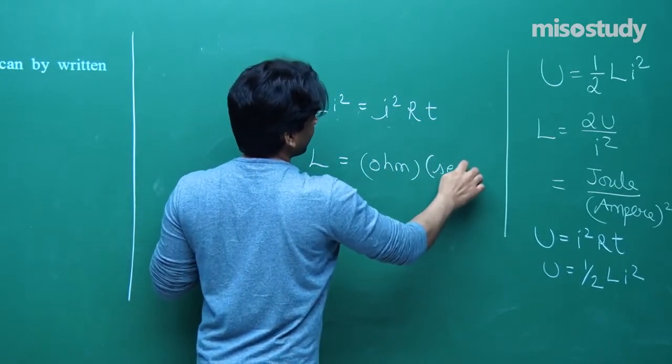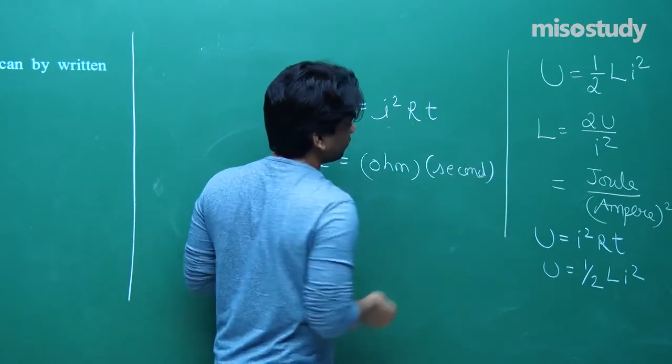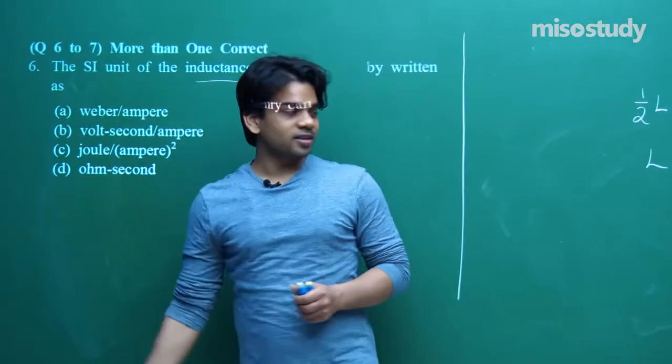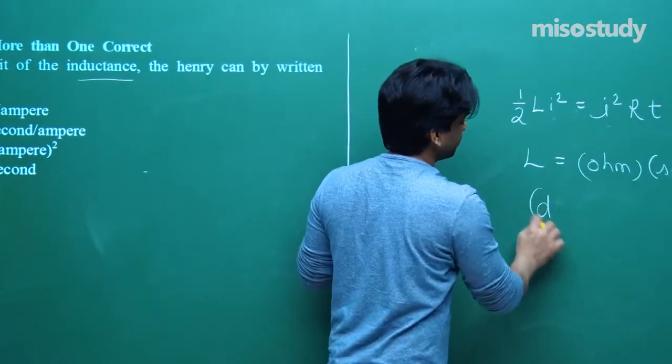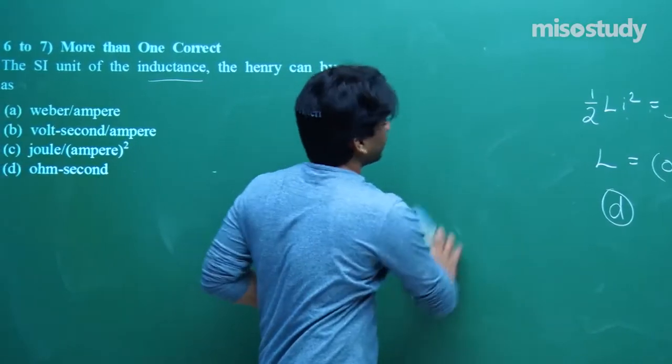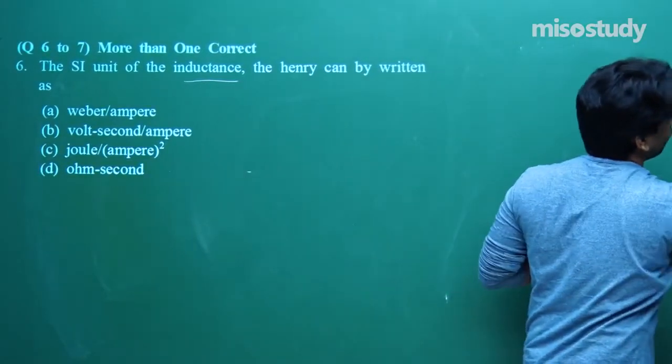Option D, ohm into second, is also matching. So clearly D is also the right response. A, B, C, D, all four are matching.